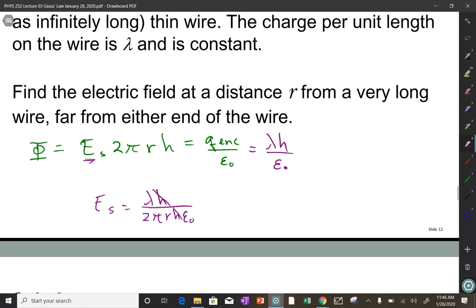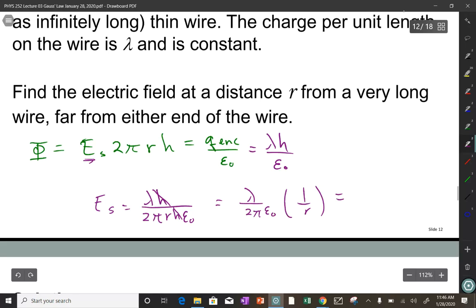Okay. And then we're left with a bunch of things. Why did you separate it out like that? Because I want us to see where this goes, and since lambda is charge over length.